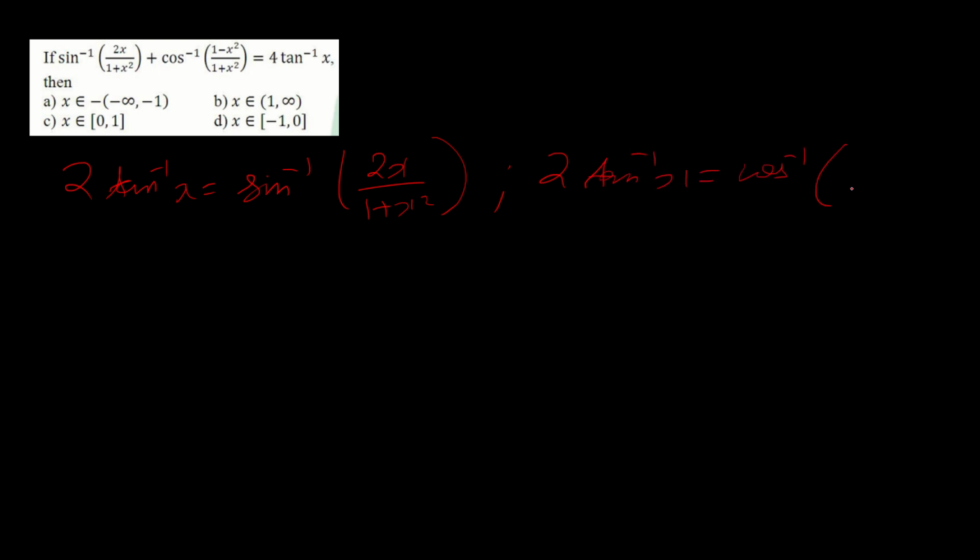What is the formula for 2 tan inverse x in terms of sine inverse? Isn't it the same as what's given in the LHS, sine inverse 2x by 1 plus x square? Similarly, in terms of cos inverse, we write 2 tan inverse x equal to cos inverse 1 minus x square by 1 plus x square.